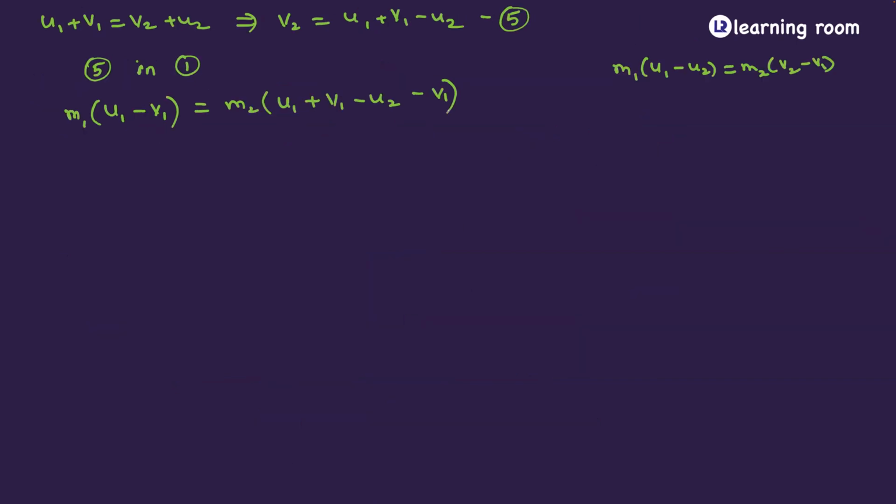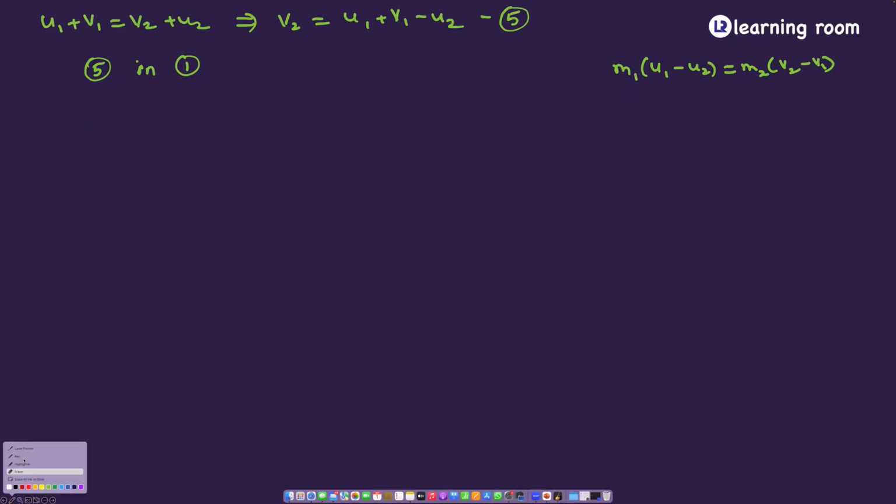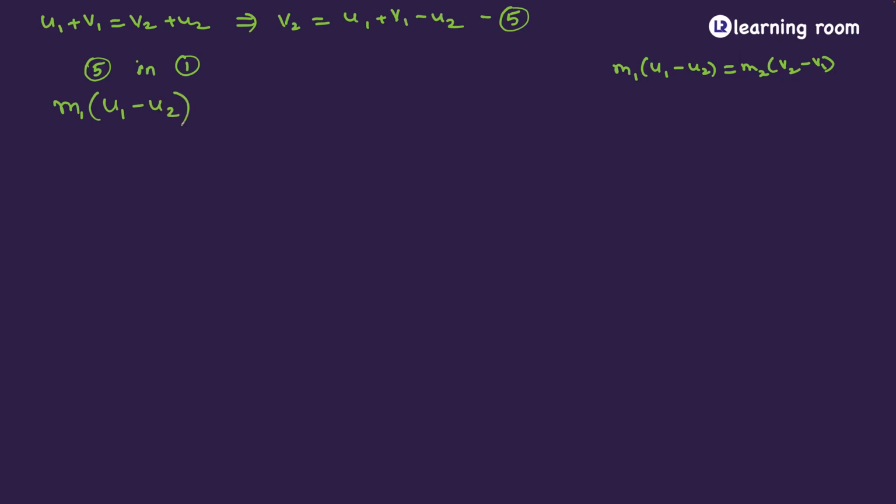So m1 into u1 minus u2 is equal to m2 into v2 minus v1.